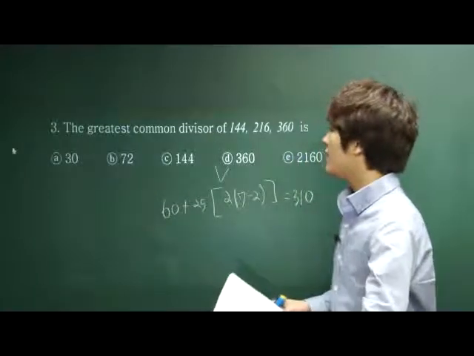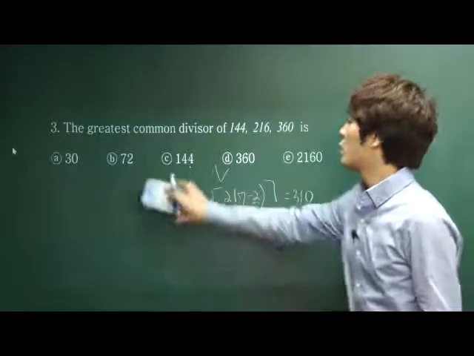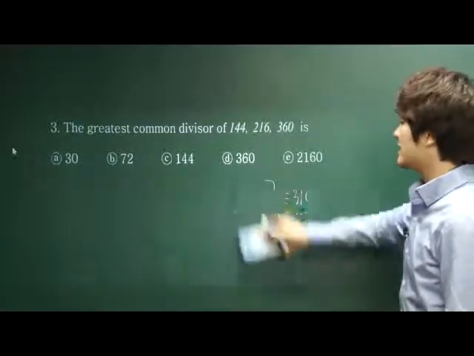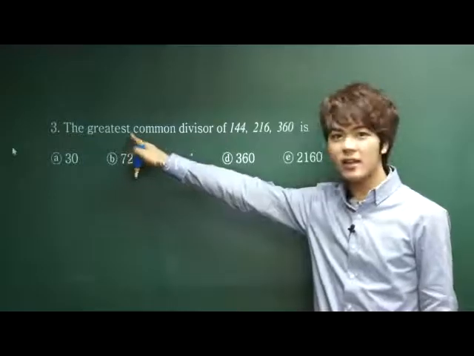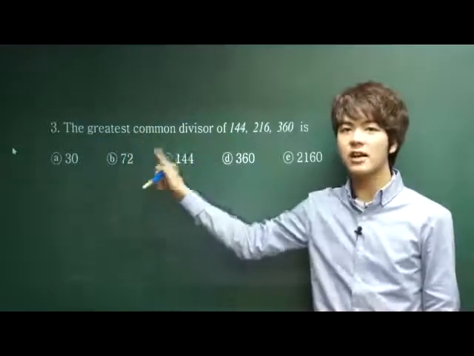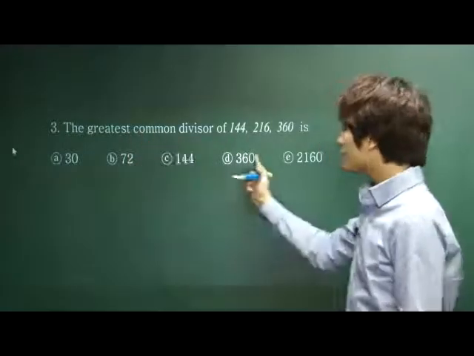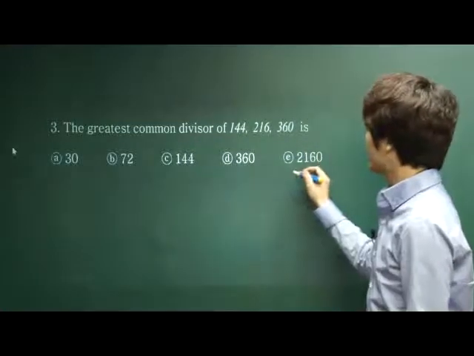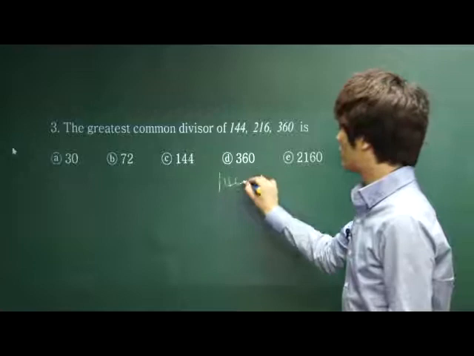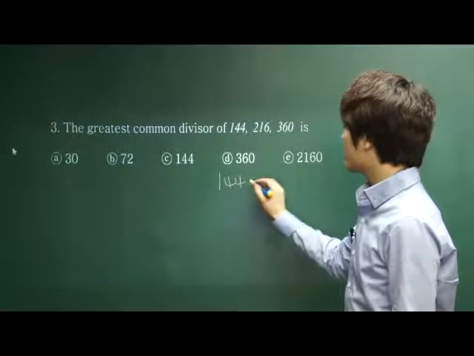Number 3, the greatest common divisor of 144, 216, and 360 is. So we are looking for the greatest common divisor, GCD. How do you find this? Let's first look at 144.